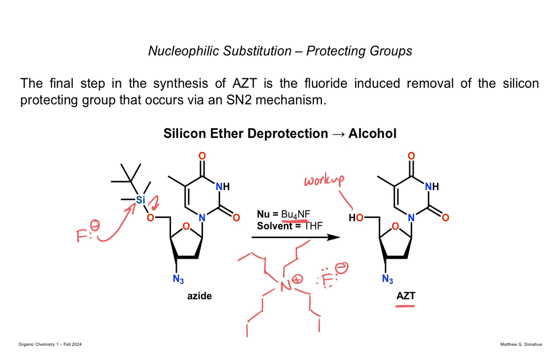You have a question? What do you mean the hydrogen comes from the water? So from this, after the fluorine attacks, the rest of the molecule is what you get. So that needs to be protonated. And so a lot of reactions have an aqueous workup.